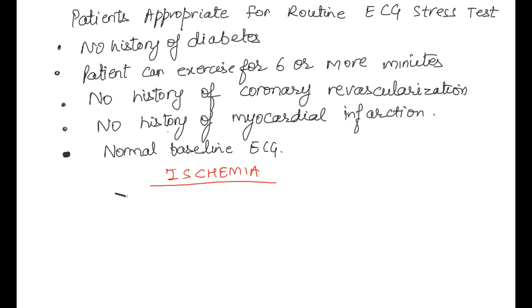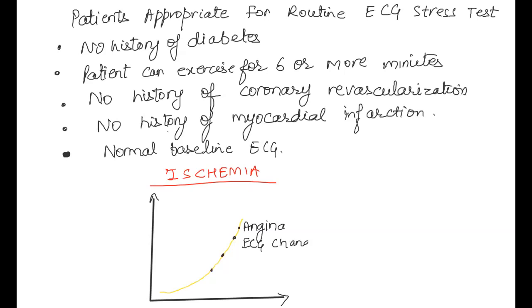It's like a graph and has certain points 1 2 3 4. If it goes till this level, it shows angina. This shows ECG changes. This shows regional dysfunction echo.